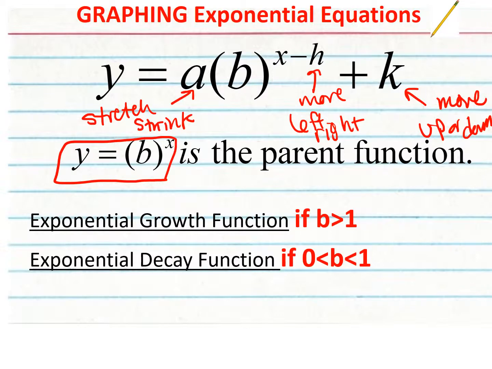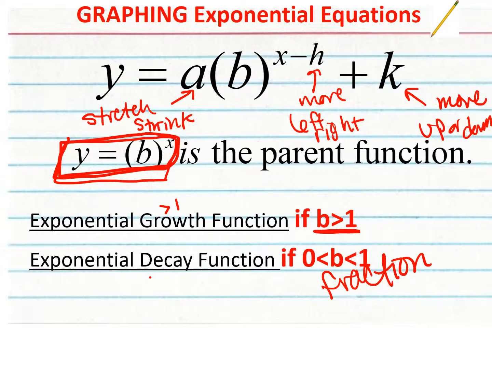So we should know that our most basic exponential function is y is equal to some base raised to the x power. If that base, you guys, is greater than 1, that means that it's a growth. So if it's greater than 1, it's a growth function. If it's between 0 and 1, or if it's a fraction, then it's a decay.